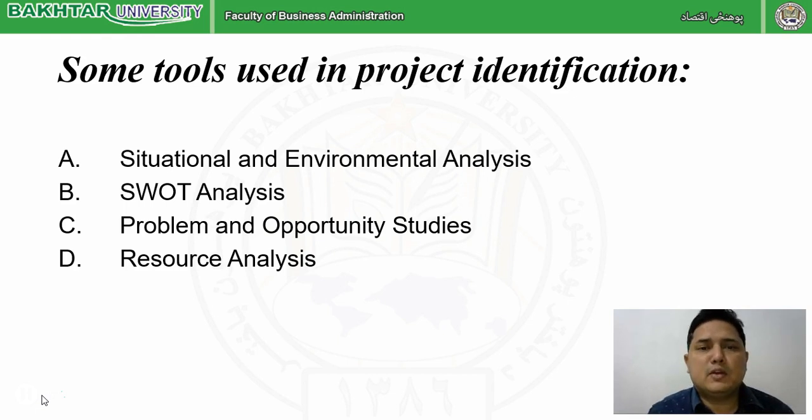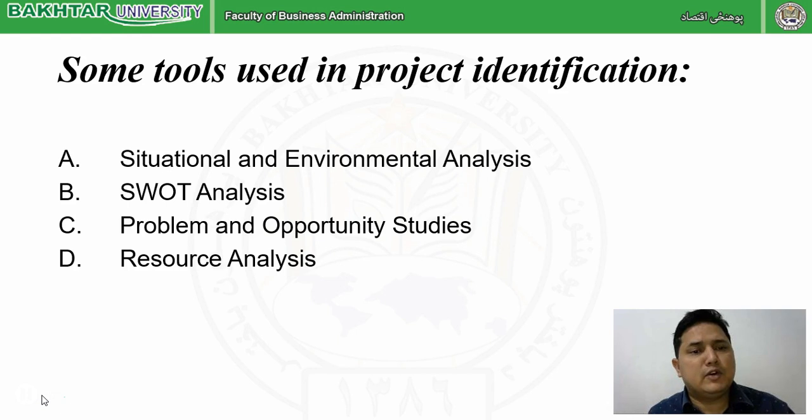Under this, there are some tools, meaning how you identify a project, on what basis, or what different tools and criteria are available, by which you will say that this project must be started first and this project is more important than another project.